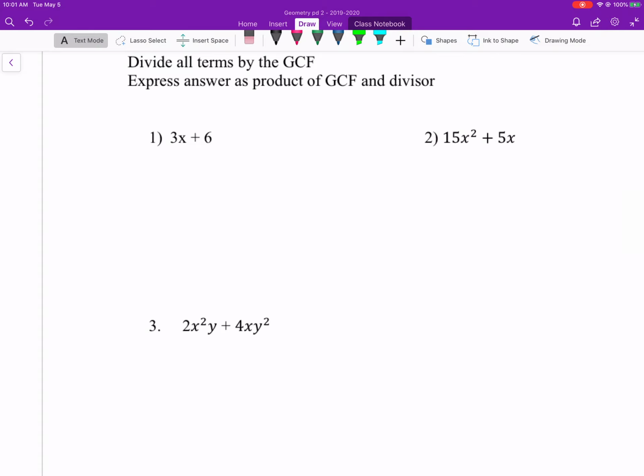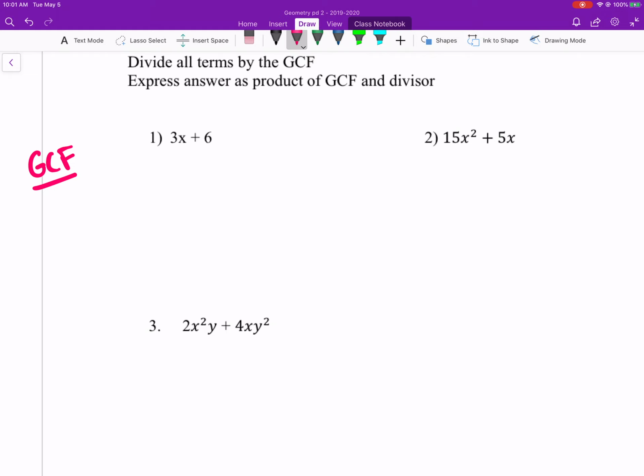3x plus 6. What's the biggest value GCF-wise that divides into both terms? There are 2 terms, 3x and 6. What's the biggest value that divides evenly into both of those terms? I always check my numbers first.